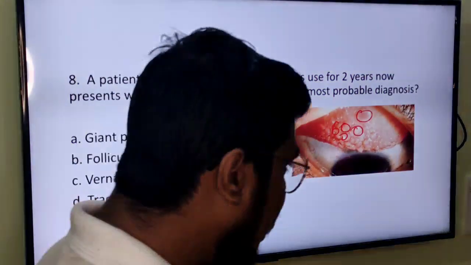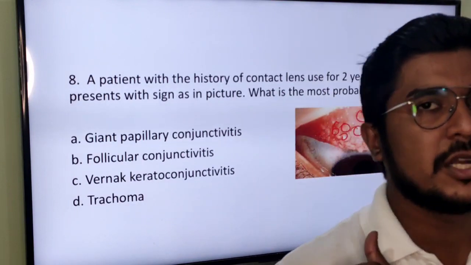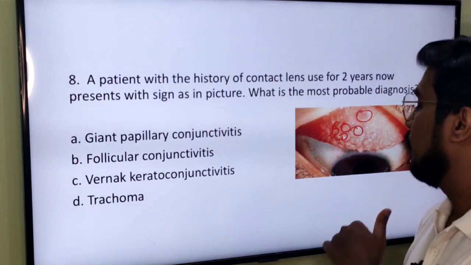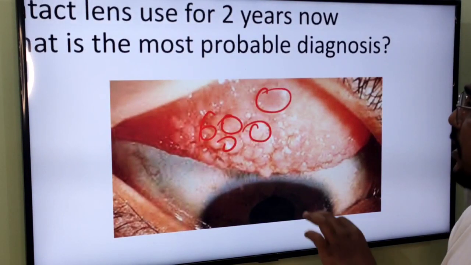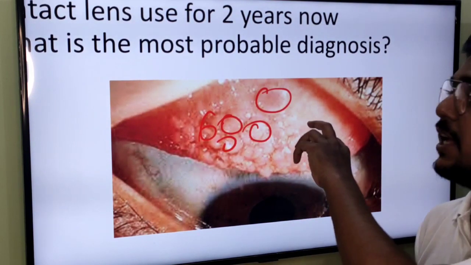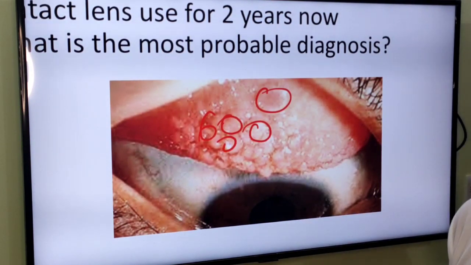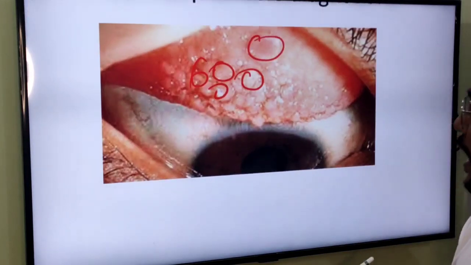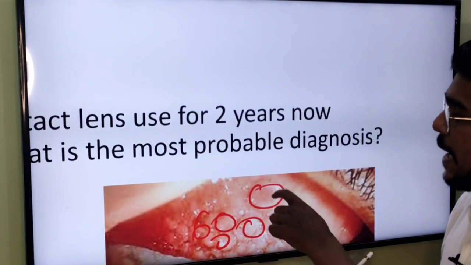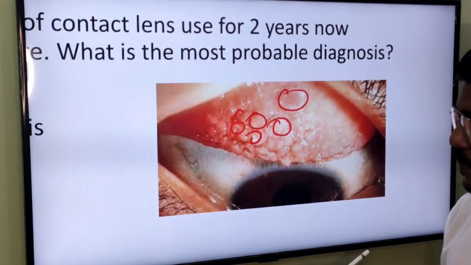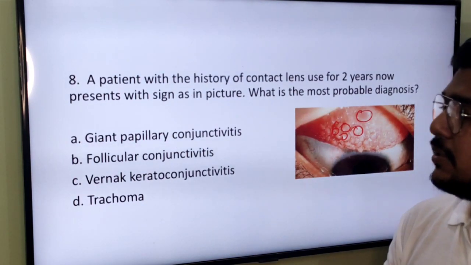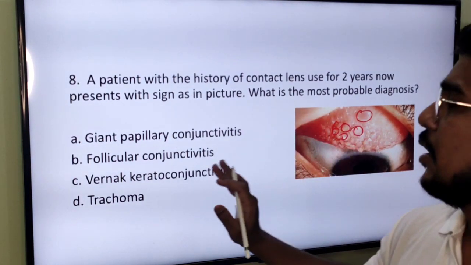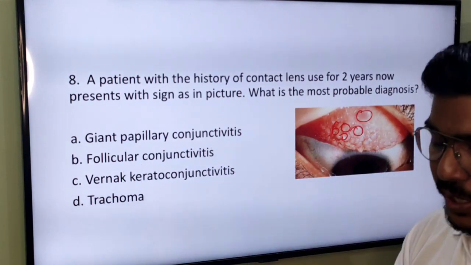This cannot be a follicle. This is not a follicle. A follicle does not have blood vessels around it at the apex. The papilla will have the blood vessels pointing at the apex, right? That's why it's a papilla. So the answer here, very important to understand, is giant papillary conjunctivitis.